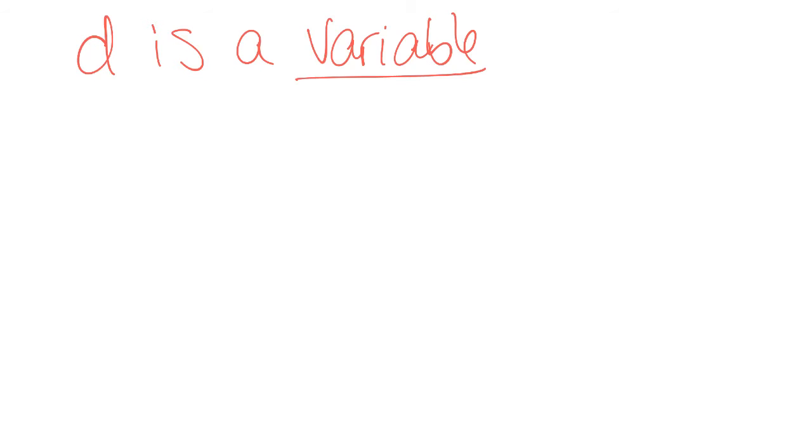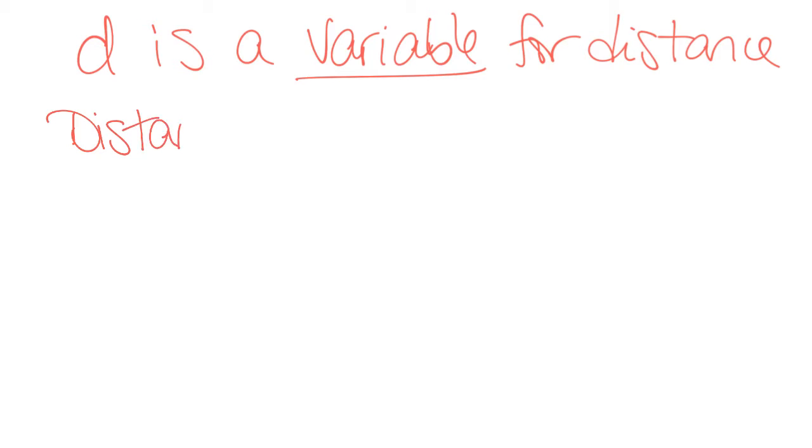D, let's just take D. D is a variable for distance. But there's another thing I want to talk about, and that is what it's measured in. Distance is measured in, you might say feet or inches, but that's just because we're in America and we use a stupid system.